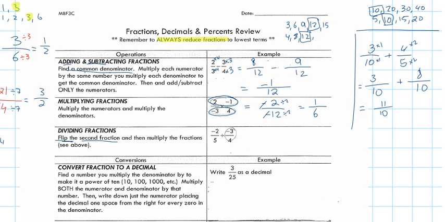I change my division into multiplication, and I flip my second fraction. So that becomes 4 over negative 3. Are we okay with this? And now since I'm multiplying, I multiply top by top, bottom by bottom. Okay? So that's going to give me negative 8 over negative 15.